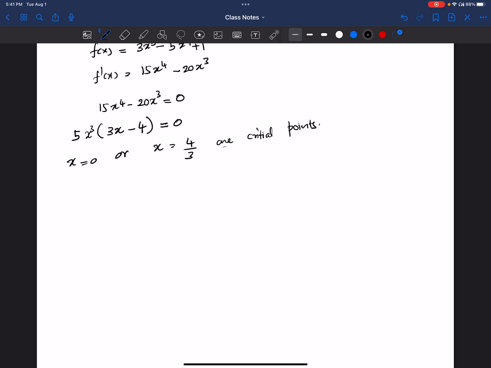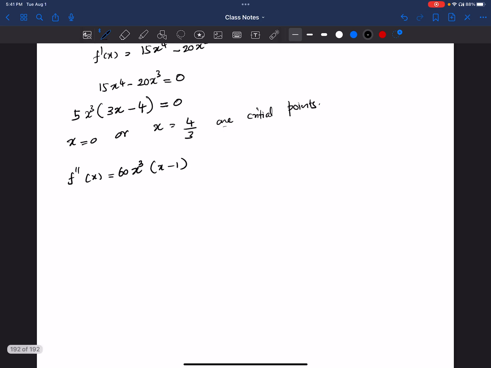Now at critical points, we can find f double prime. So f double prime of x, we got previously, is 60x cubed times (x minus 1). Now when x equals 0, f double prime of 0 is 0.